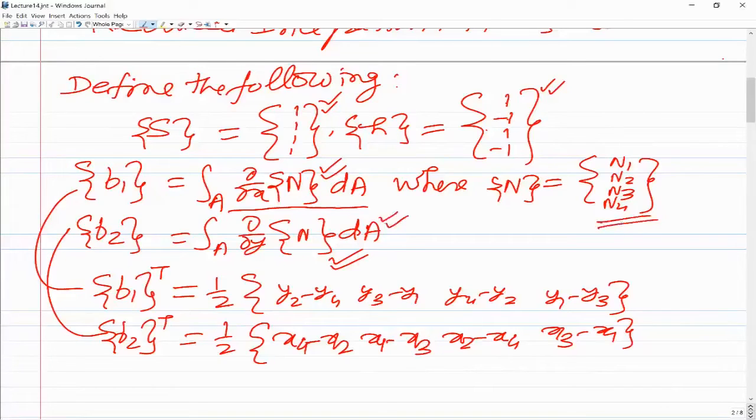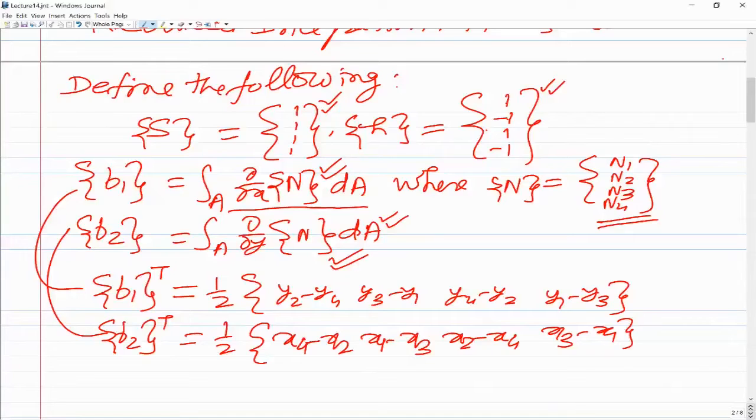So they are basically representing the average value of the gradients of the shape functions. b1 represents the average gradient with respect to x, and b2 with respect to y, over the area of the element. So divided by area, it will directly give you the average values of gradients of shape functions with respect to x and y.